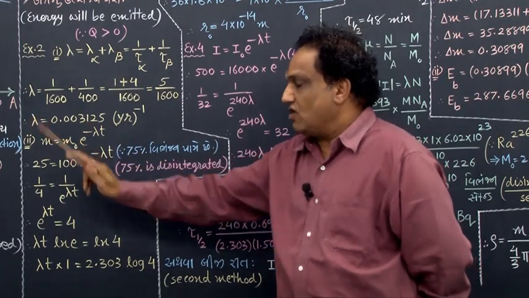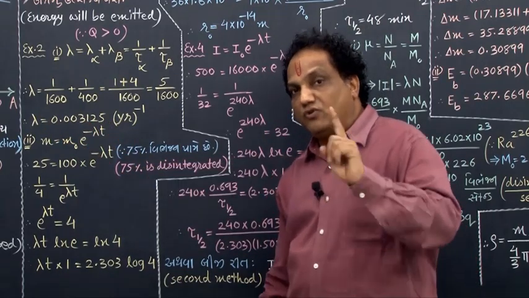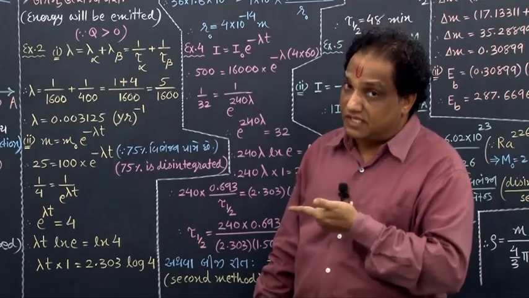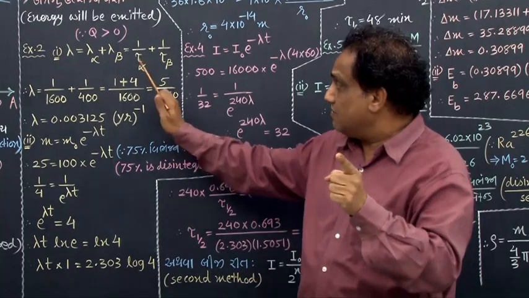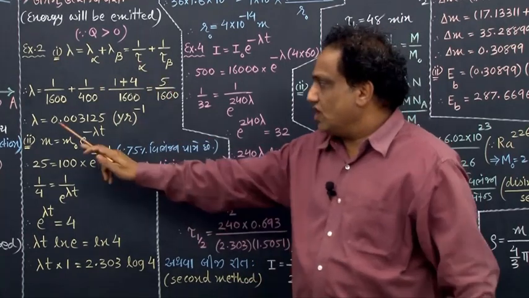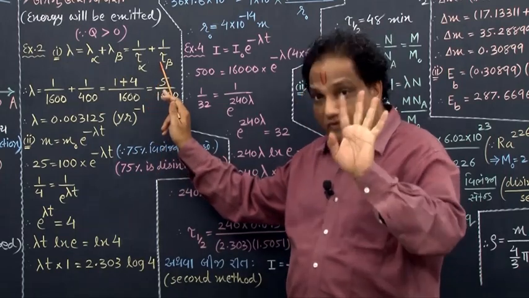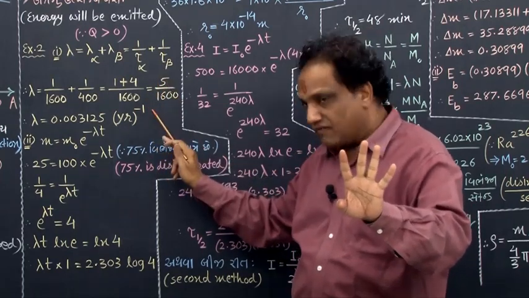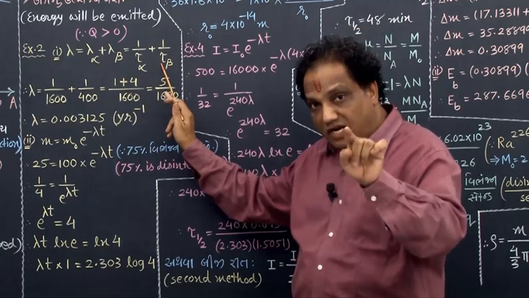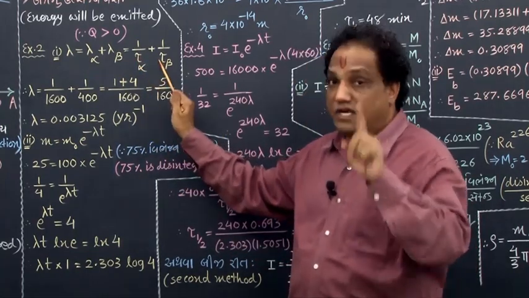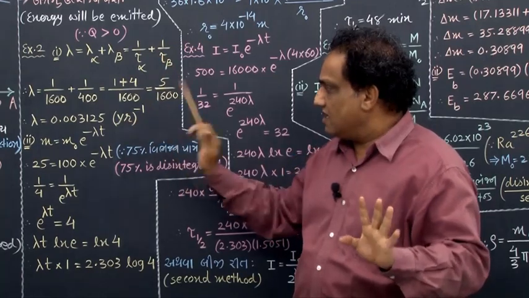Remember, the unit of lambda is always the reciprocal of the unit of time. In this example you are taking these times in year, so the unit of lambda will be year inverse. If you take the time in hour, then you write hour inverse. If in minute, you write minute inverse. Right now we are taking times in year, so I am writing year inverse.